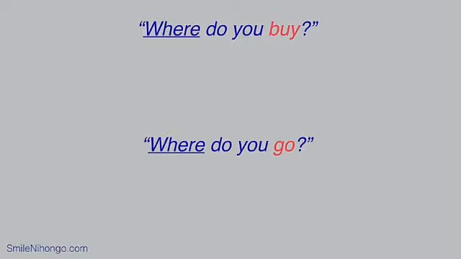And even though the question word where is used in the same manner in these two sentences in English, in Japanese, we use them differently because these two are asking for different kinds of information. One is asking where at, and the other one is asking where to. Can you tell which one is which?